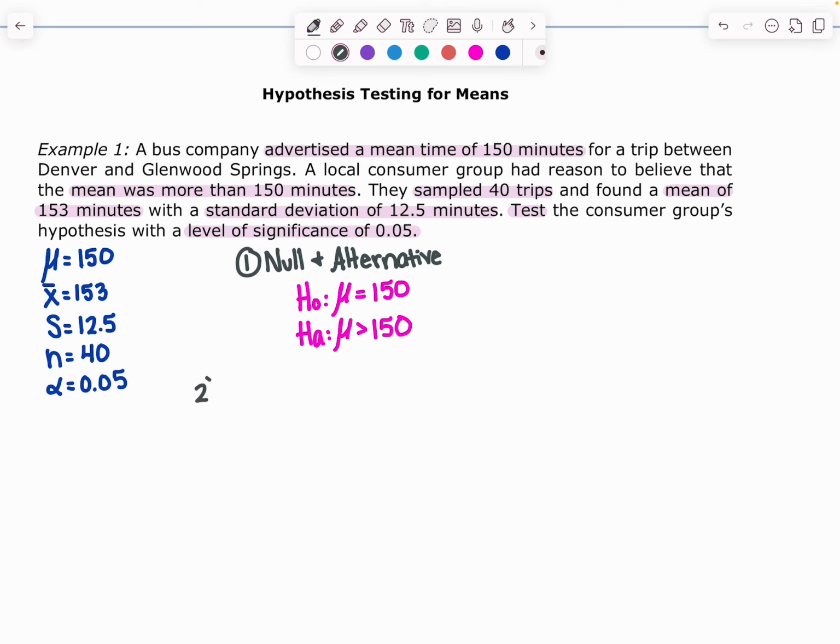Step 2 is to calculate my test statistic. So that's going to be our t-score, which is X bar minus mu divided by S divided by the square root of n.